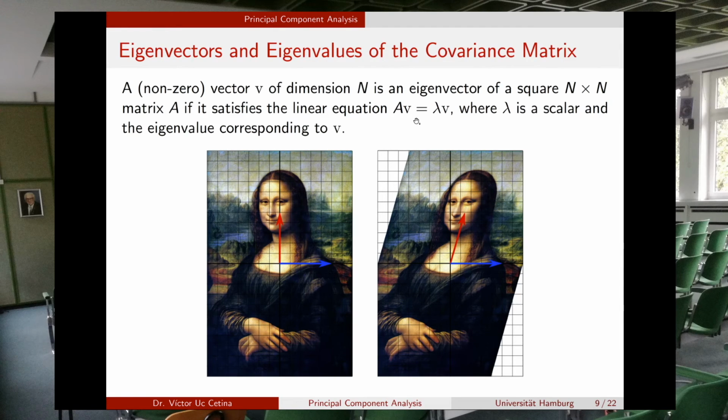So if v is an eigenvector of A and lambda is the corresponding eigenvalue of that eigenvector v, these two products will give you the same result. So here you will be multiplying the vector by a matrix, and here you will multiply the vector by a scalar.